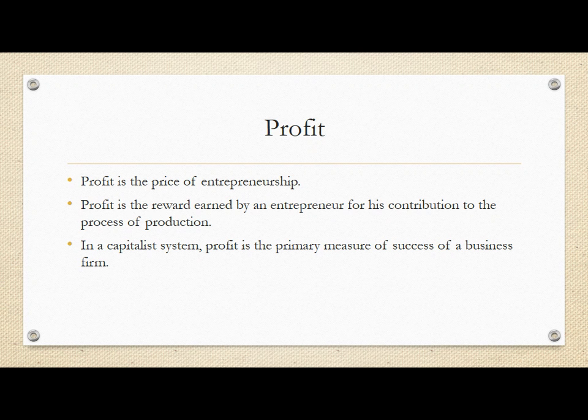An entrepreneur is entitled to receive profits for his basic entrepreneurial functions, that is, organization of business, bearing business risk, etc. Profit may be defined as the surplus of revenue over the cost of production.